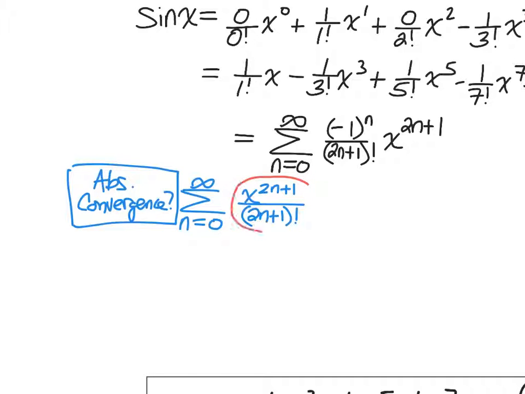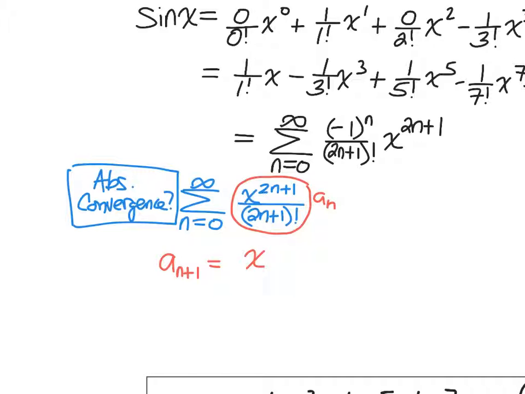This would be a sub n. So I need a sub n plus 1. All right. So that's going to give me x to the 2n plus 2. No, 2n plus 3.